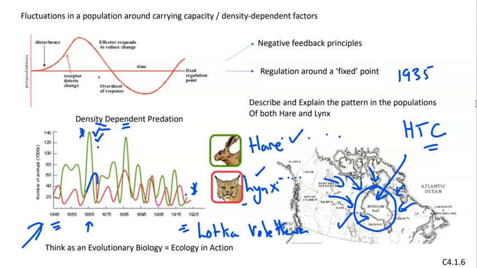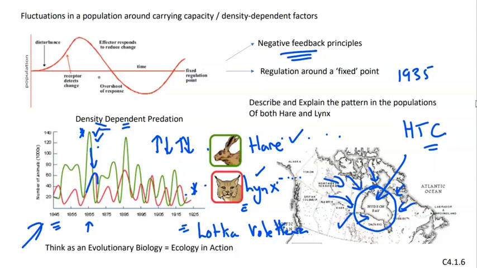But of course, with more lynx, the number of hares will then decrease. And once the hare population decreases, the lynx population is going to suffer. So then the lynx population comes down. And so there's this cycling of up and down between the hare population and the lynx as they interact with each other in what is described as a negative feedback manner.